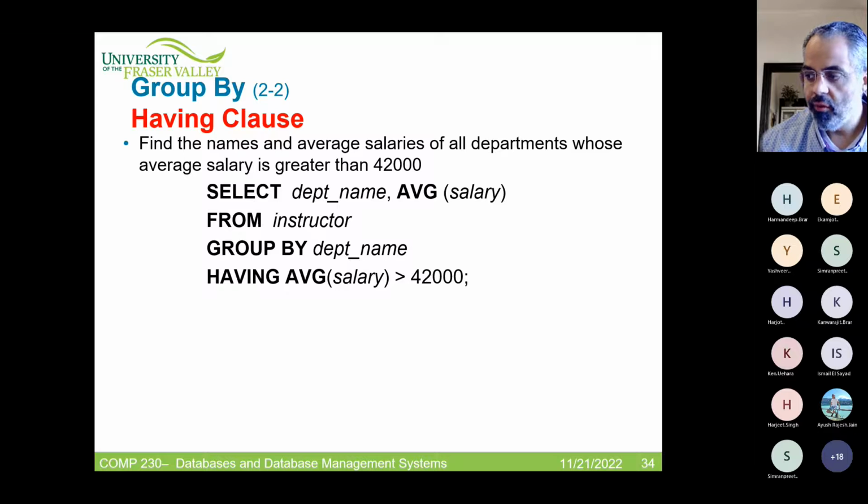Here I can't use the normal where, because where will come before group by. Select, from, where, then group by will come. So the where condition will be applied before grouping. If I want to apply a condition after grouping, then I have to use another keyword, which is having.